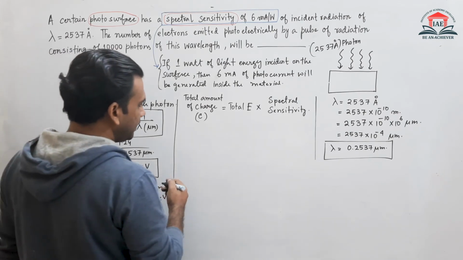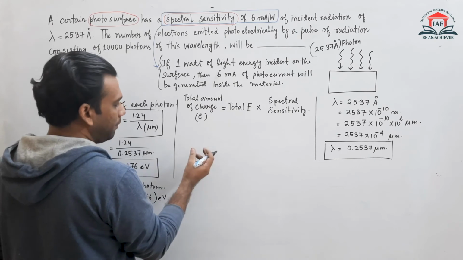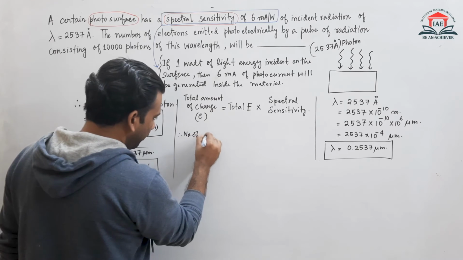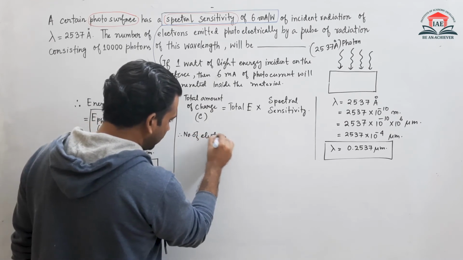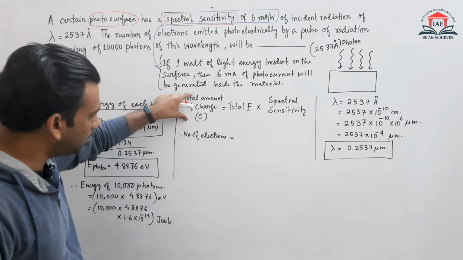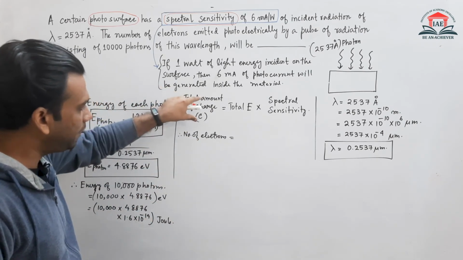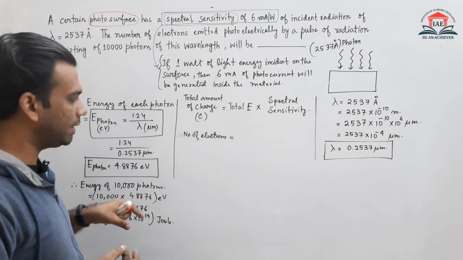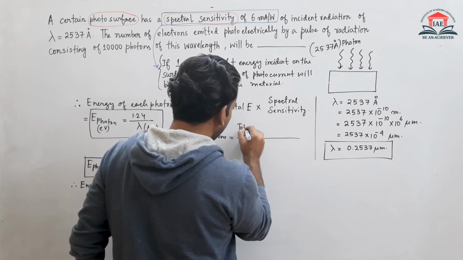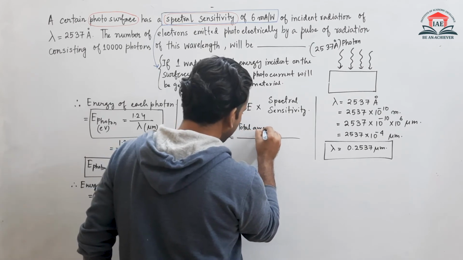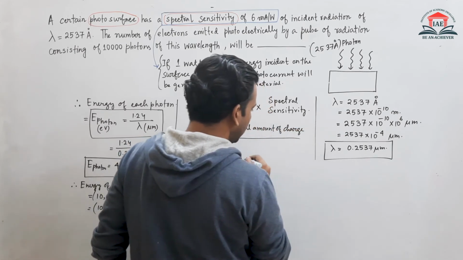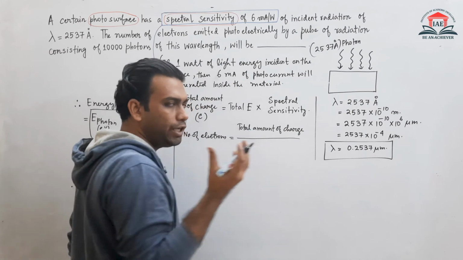Now let us find the number of charges, that means the number of electrons. So how many electrons will be generated? The number of electrons is nothing but the total amount of charge divided by the charge of the individual electron.